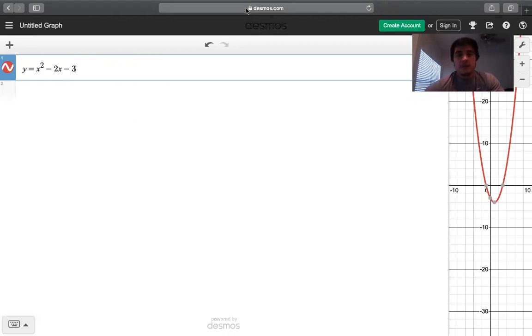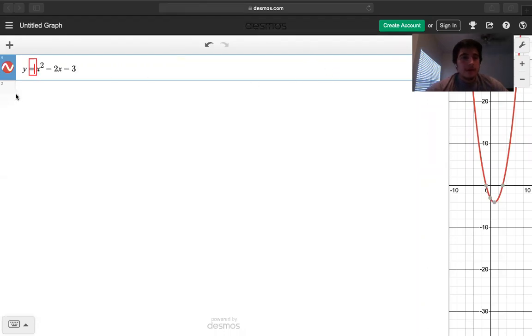So the first thing I want to do is label my A, B, and C. We'll start with A. Remember, A is whatever's in the front. But if you look, I don't have anything in the front, right? So that means there's an imaginary 1 in front. With that 1, you can put a little box around it.